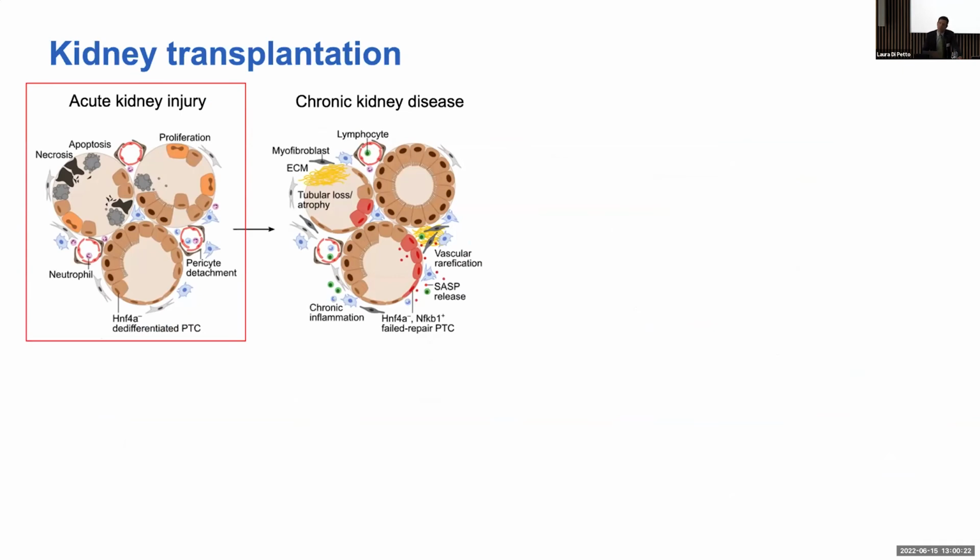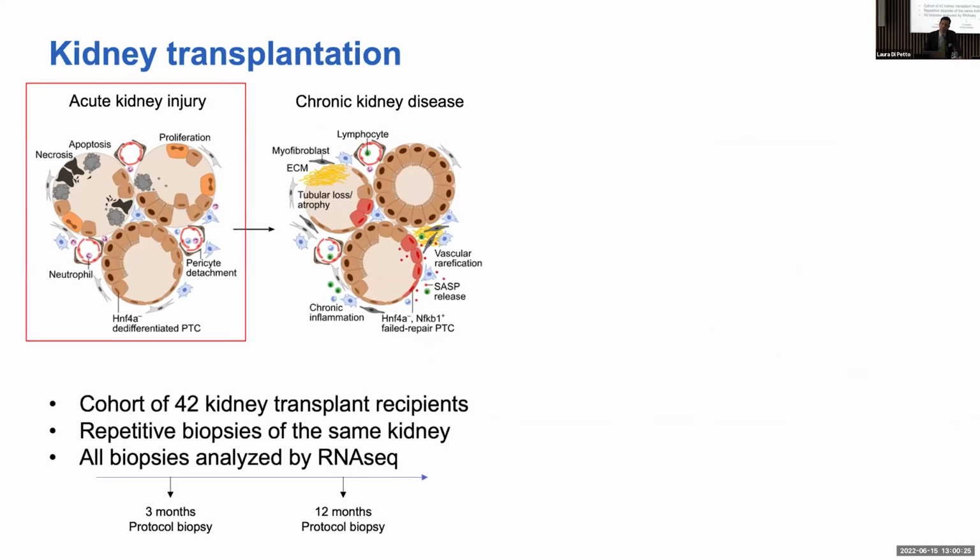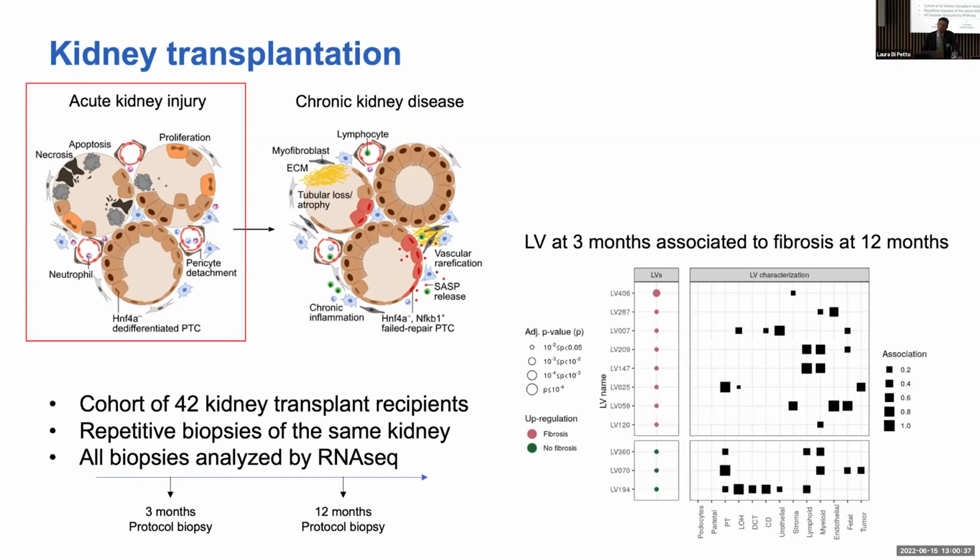So to do that, we use a cohort of kidney transplant patients where we have repetitive biopsies in the same kidney over time, particularly 3 and 12 months after transplantation. What we could do here is to analyze the biopsy at 3 months and look at the latent variables there, and correlate this with the presence or not of fibrosis at 12 months defined by conventional histology.